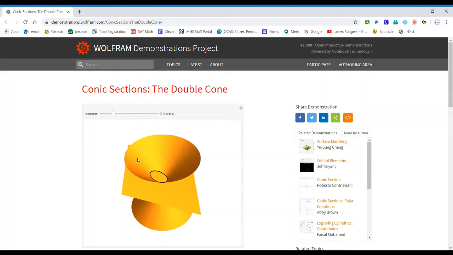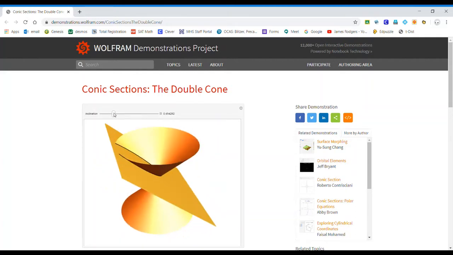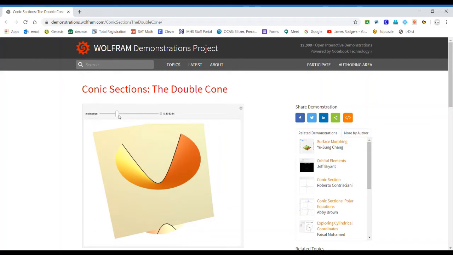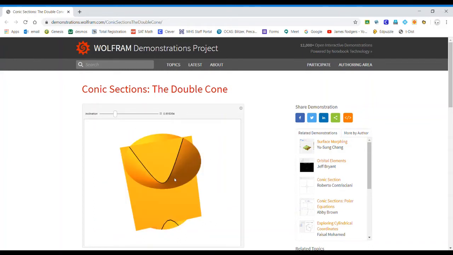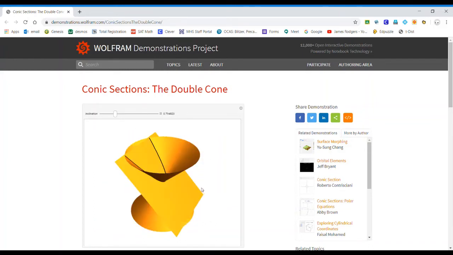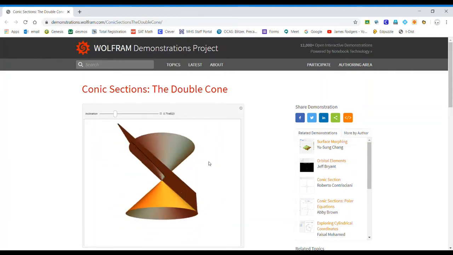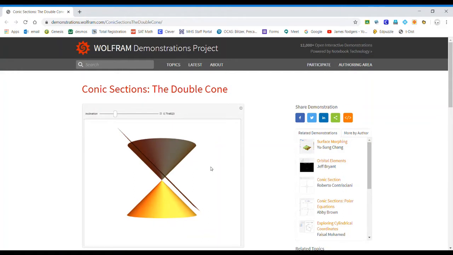Let's try that. It's a little bit of a delay. That's still sort of an ellipse. Let's take it a little bit more. And so now you can see that it's starting to look like a, gotta get the angle just right. Yeah, that should do it. And so that's a parabola. And then if we take, you can see how the plane is cutting through.